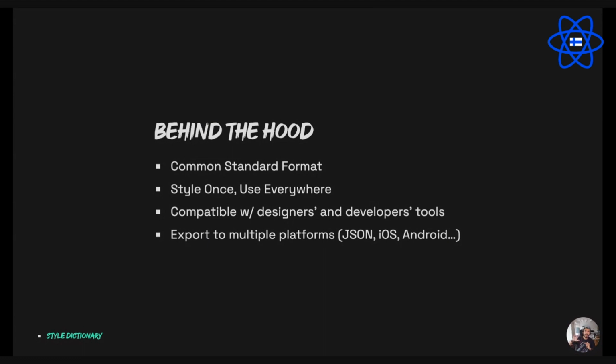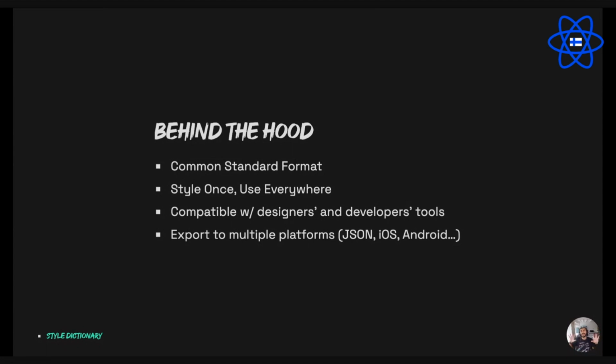Actually, we do not have a common standard format, but there is a community working group at the W3C, the Design Token Community Group, working on a common standard definition that will probably be something inspired by YAML or something like that. And with it, you could style once and use everywhere.